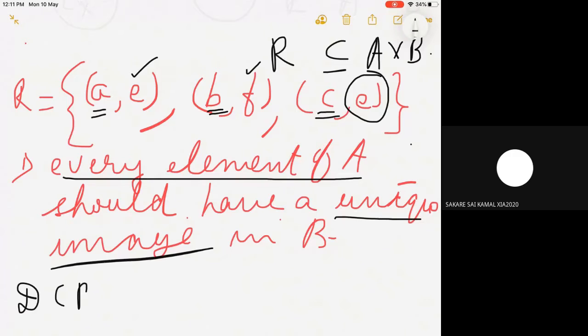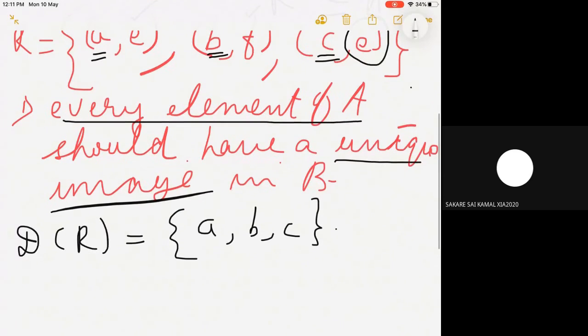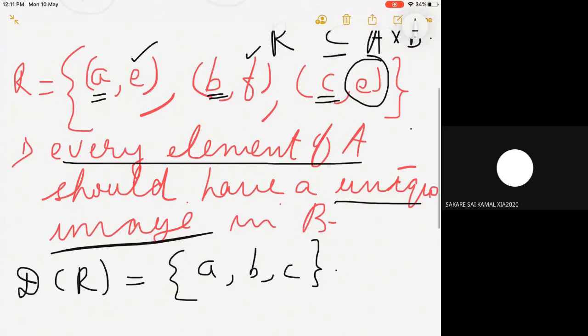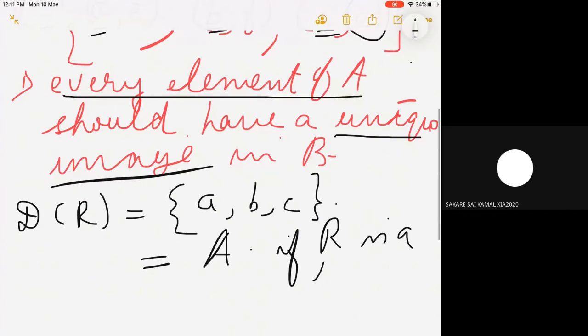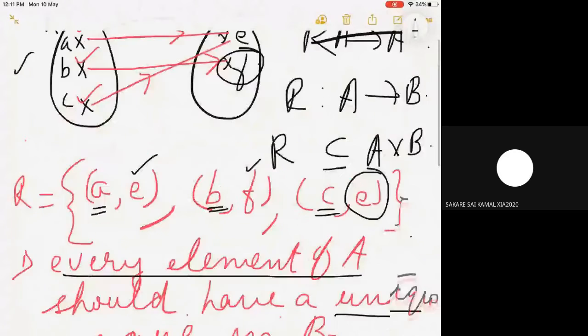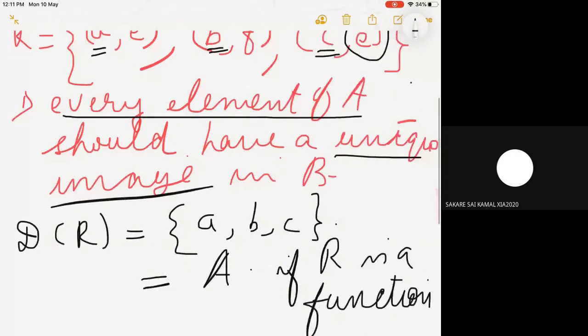So the domain of R is the set of all the first elements, and if the relation is a function, then this automatically becomes the first set, because we say that every element of A should have the image if R is a function. So automatically the first element becomes the full set A.